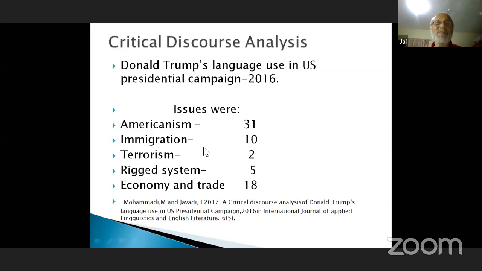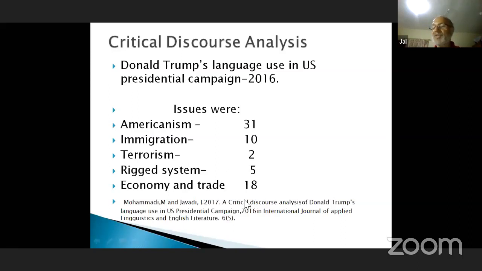And that was the time when he proposed to have a big wall across the border in the southern part of the United States, which was repeated 10 times. And terrorism 2 times, and what he means by terrorism, I will give an example. And a rigged system, and so on, with such frequencies.